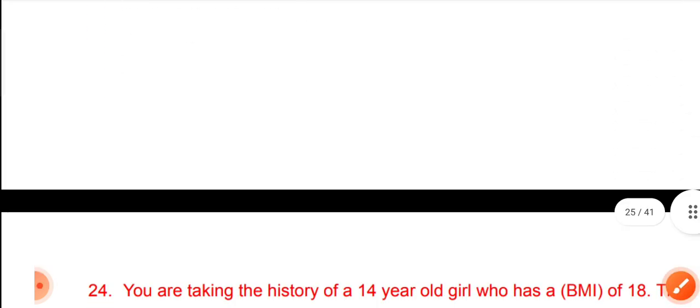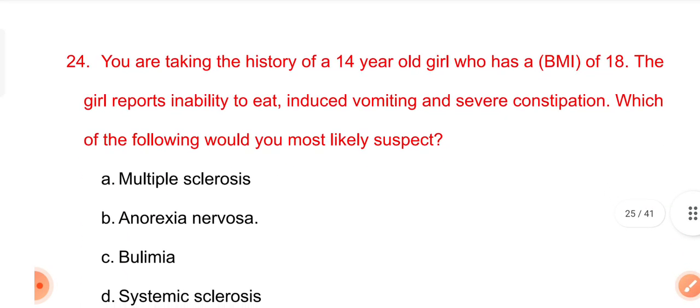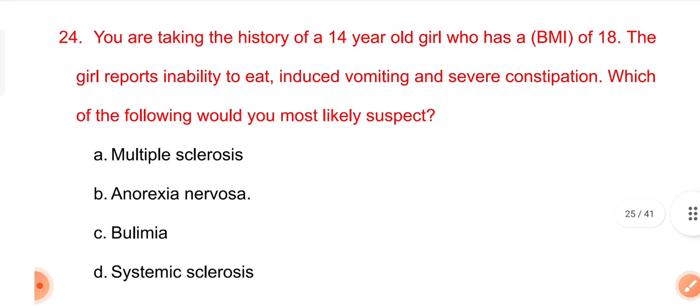The next question is, you are taking the history of a 14 years old girl who has a BMI of 18. The girl reports inability to eat, induced vomiting, and severe constipation. So, which of the following would you most likely suspect?